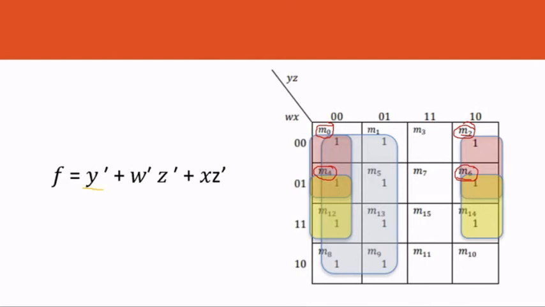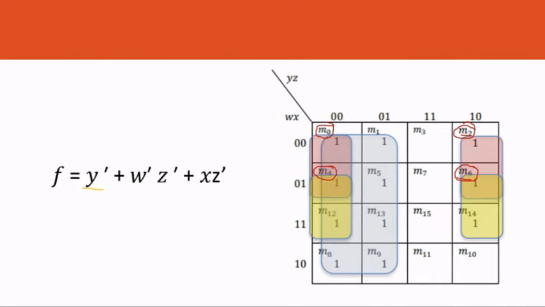And for M4, the same, it's W prime. Same as M2 and M6. So the value is W prime. How about X? The value of X for minterm 0 is 0, while the value of X for minterm 4 is 1. So they have different values of X. Therefore, X will be cancelled out.